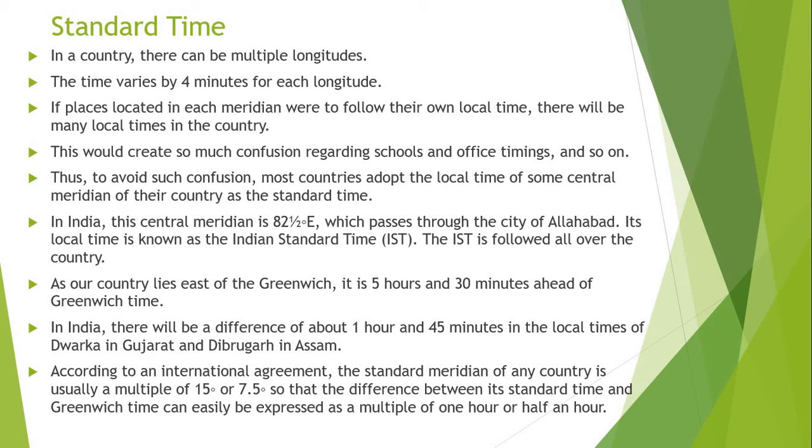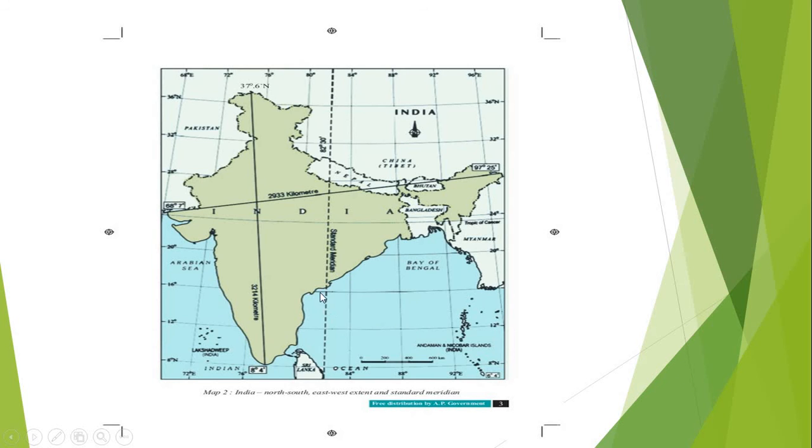For 5 minutes, 4 minutes, 15 minutes, say 12 minutes, it becomes little bit difficult. So in order to make it easy, the difference between standard time and Greenwich time is expressed as a multiple of 1 hour or half an hour. Here in this image you can see the standard meridian of India.